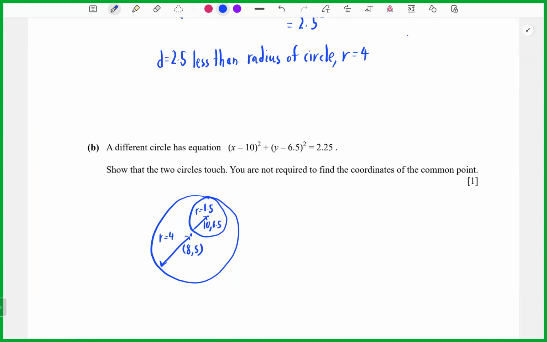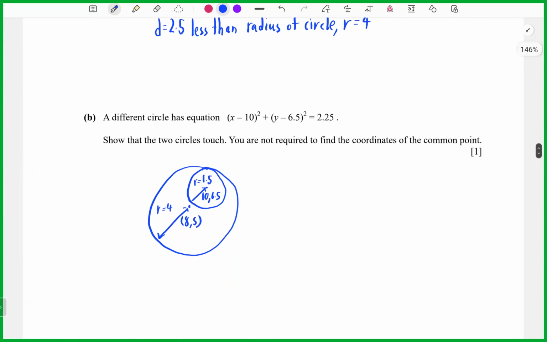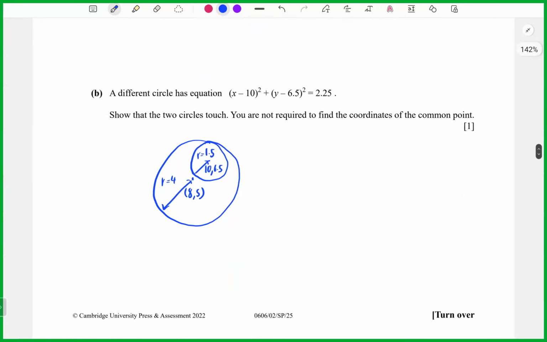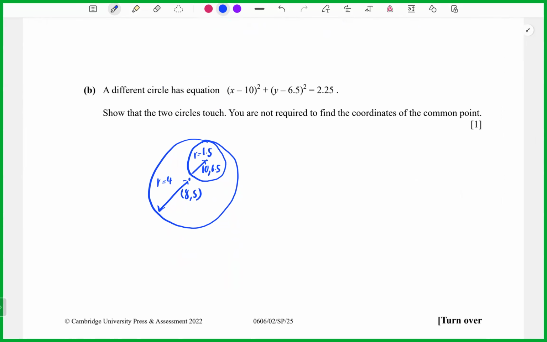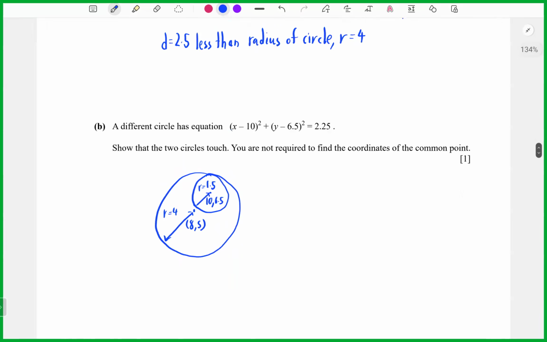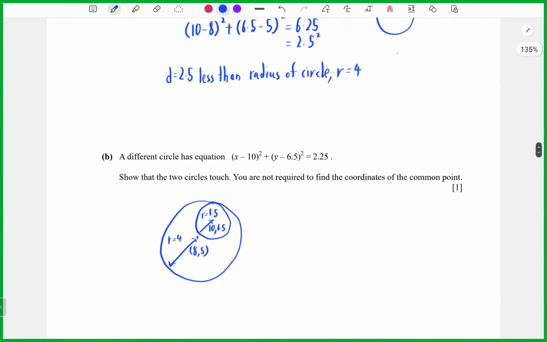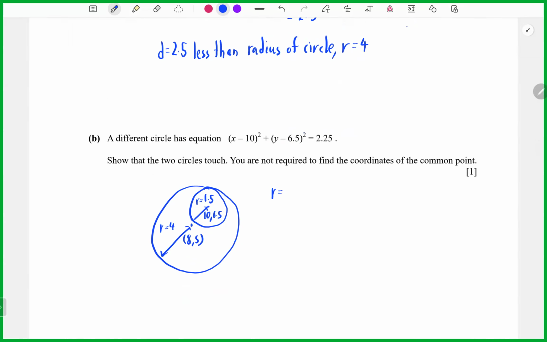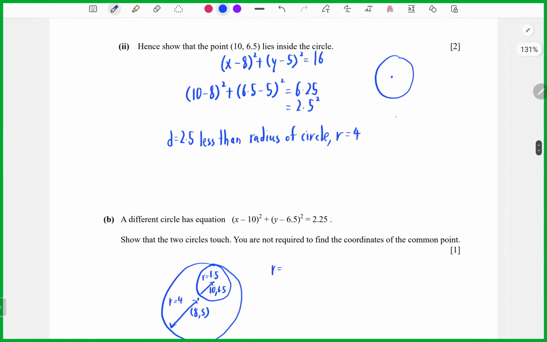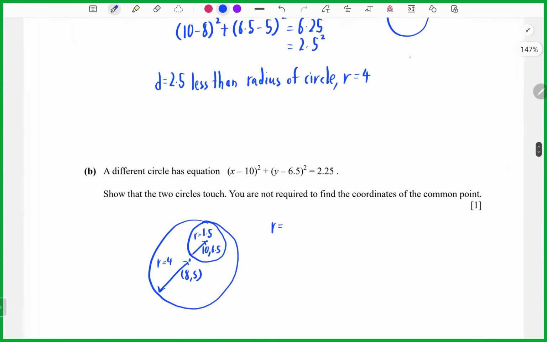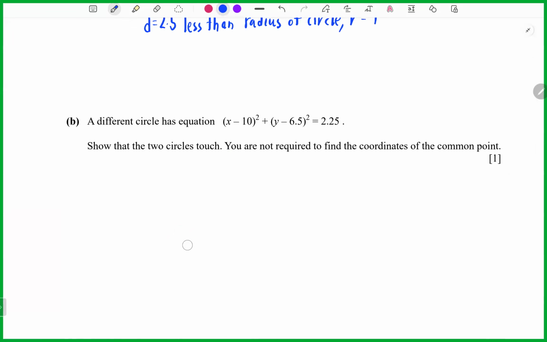So how do we know the circles will touch?